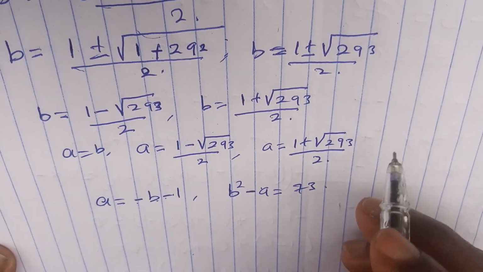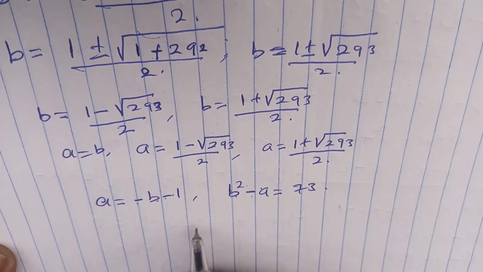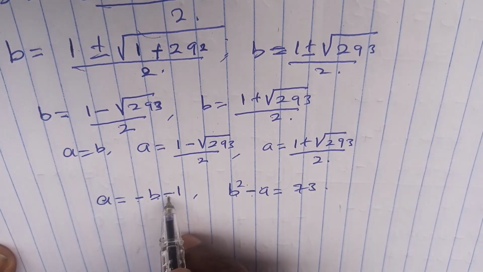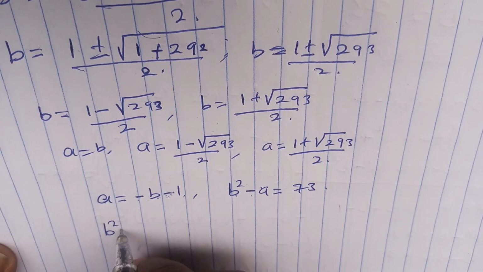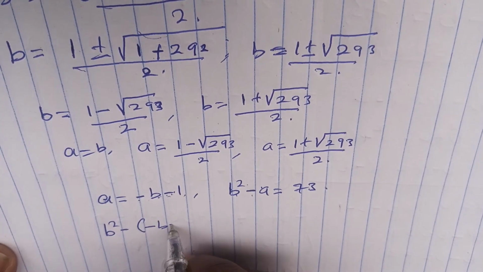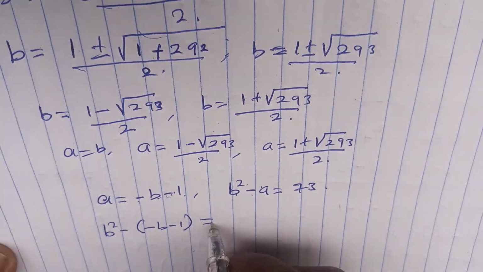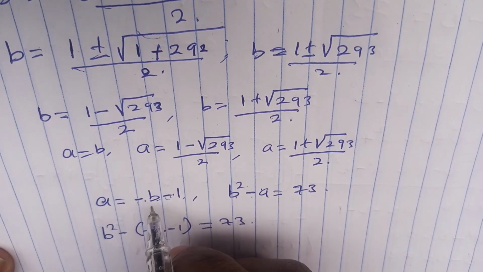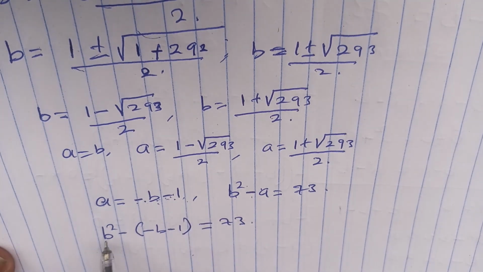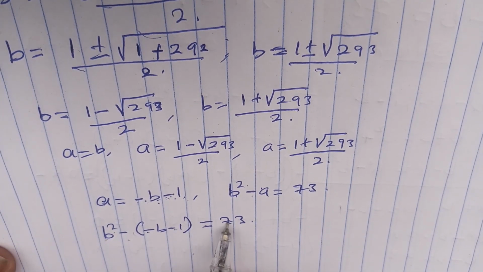And recall we said a is equals to minus b minus 1. So we can simplify further and say b square minus open bracket minus b minus 1 close bracket is equals to 73. So in the place of a, we substitute minus b minus 1.